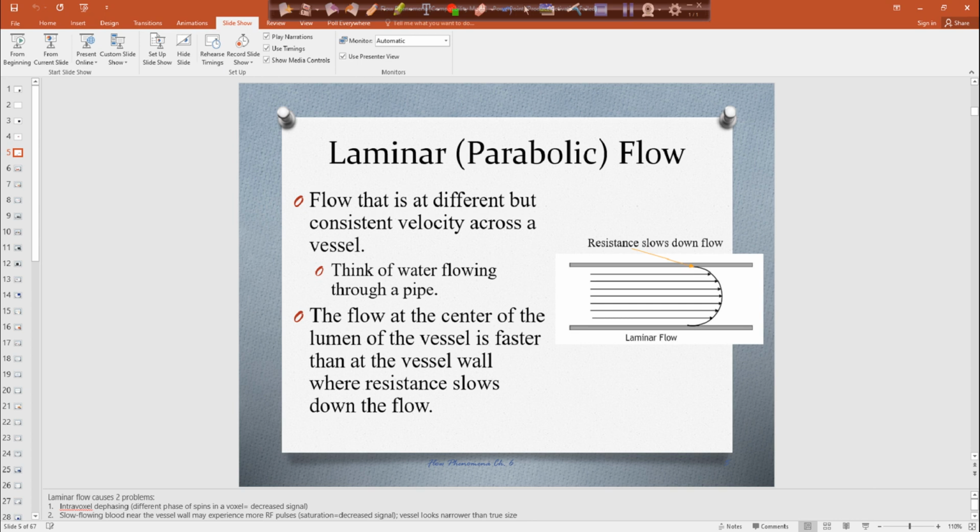And anytime you have a voxel with a bunch of spins, nuclei that have different phase positions, you're going to get an overall decrease in signal. So one problem that's caused by this parabolic flow is what we call intravoxel dephasing.